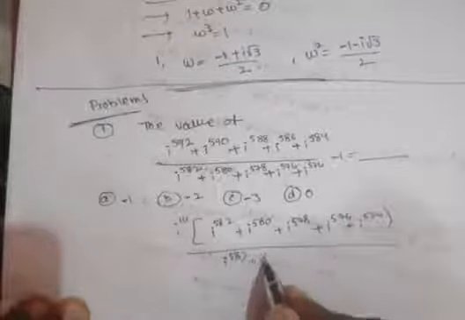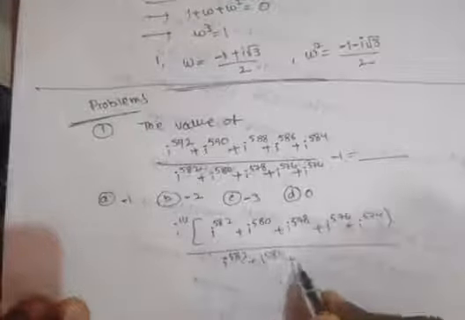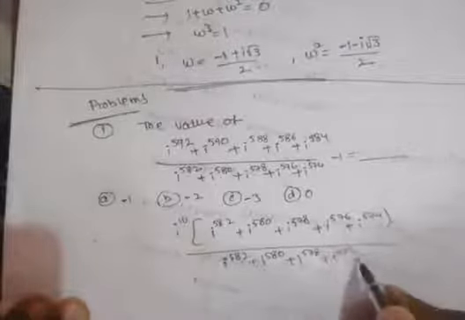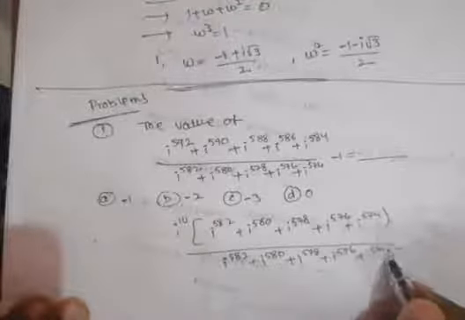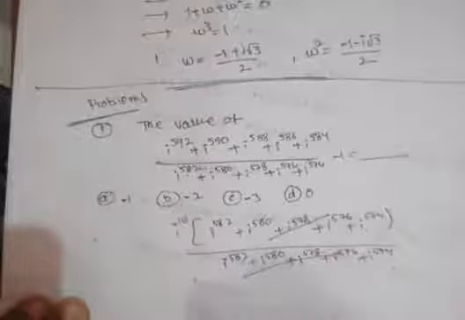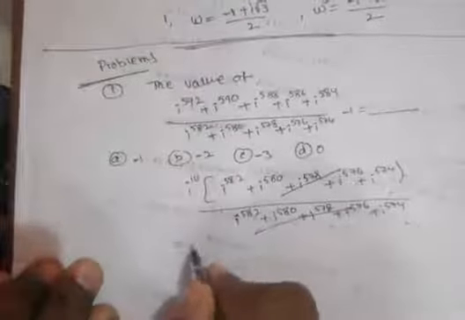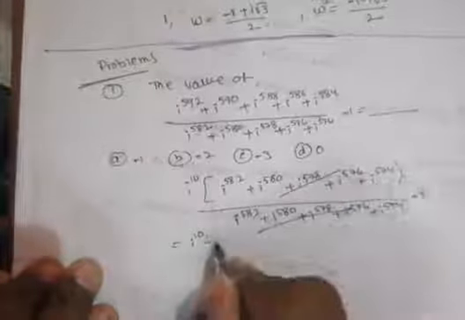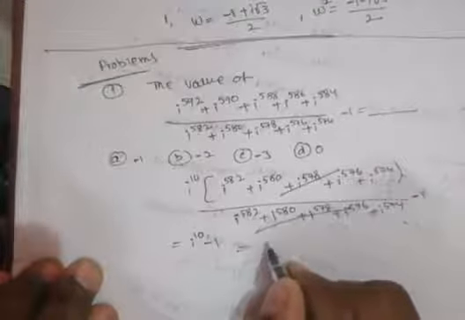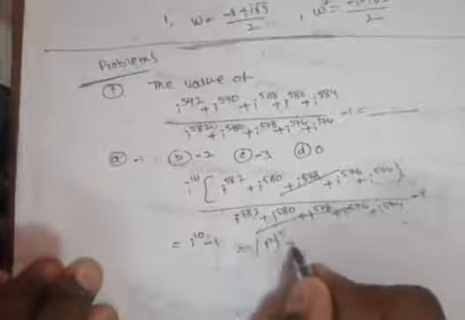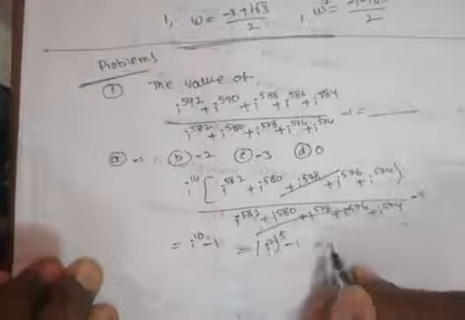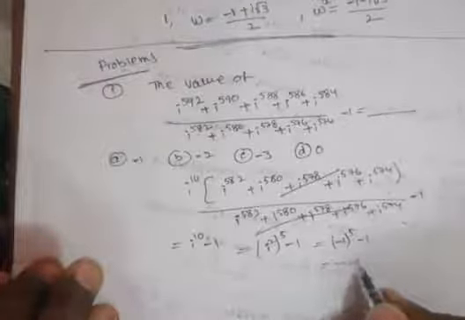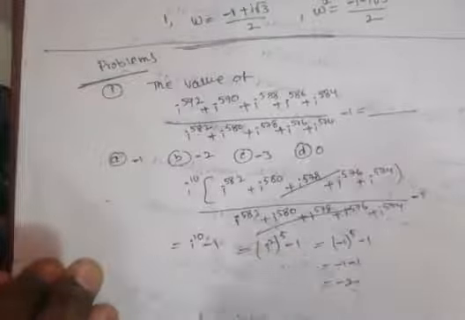These two are cancelled. Then the remaining part is I to the power of 10 minus 1. I to the power of 10 is (I square) whole to the power of 5, which is (-1) to the power of 5, that is -1. So -1 minus 1 is -2.